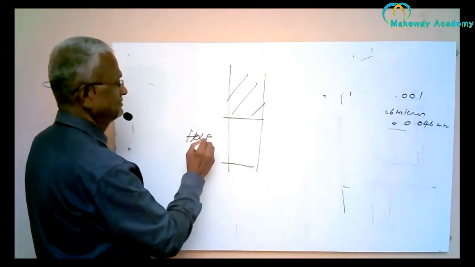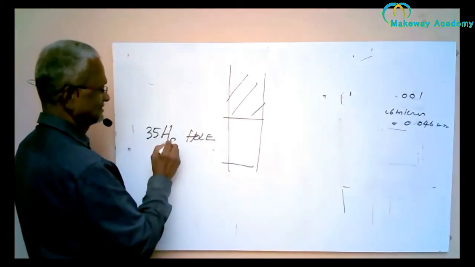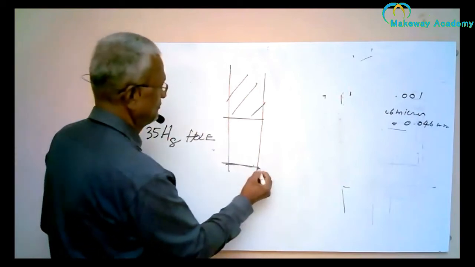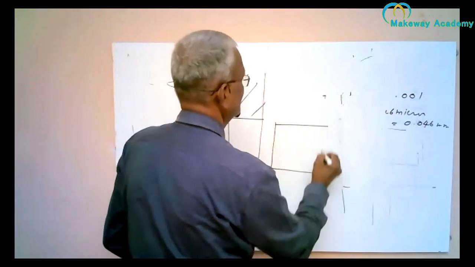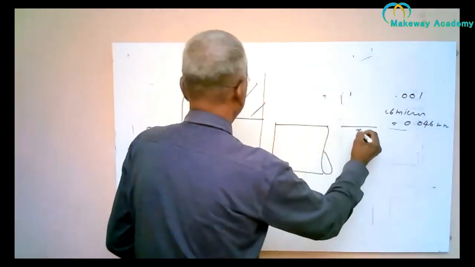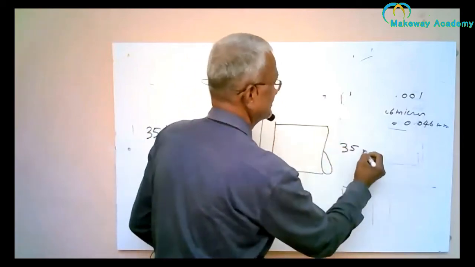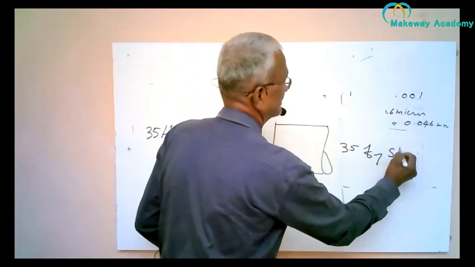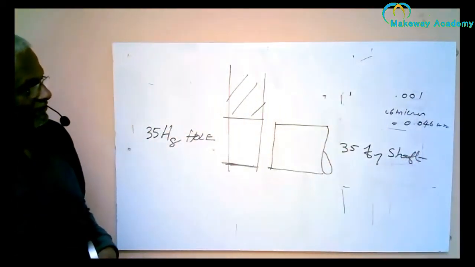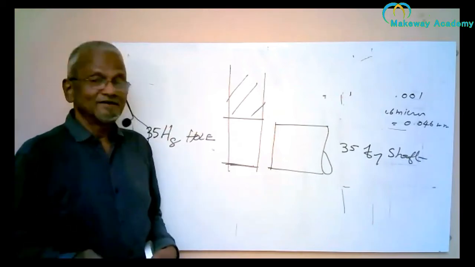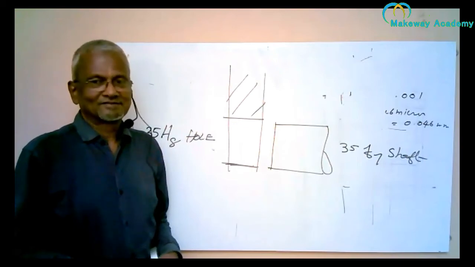What is the size of the hole? 35 H8. This is the shaft. What is the size of the shaft? Again 35 F7. Now you have to see the chart and tell me the tolerance.